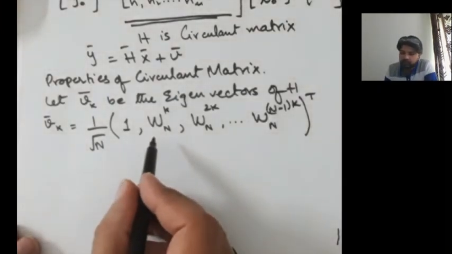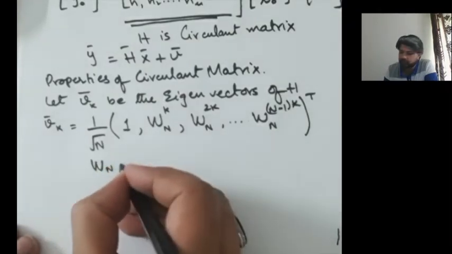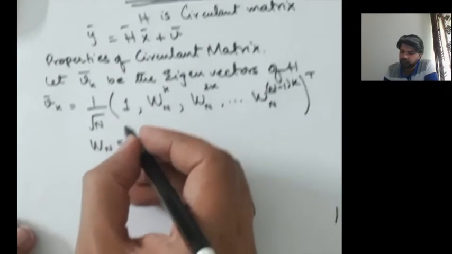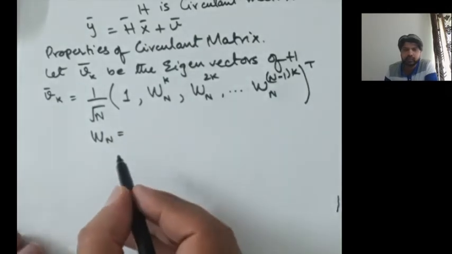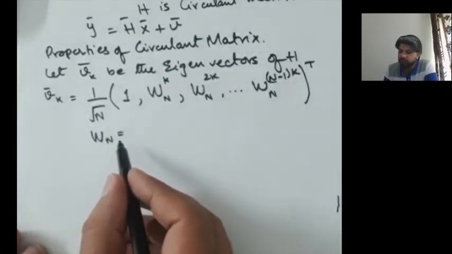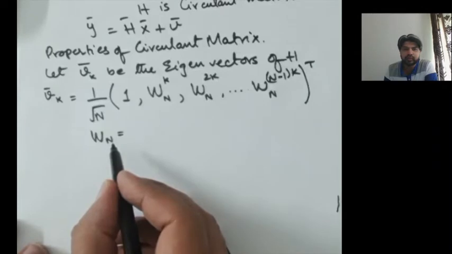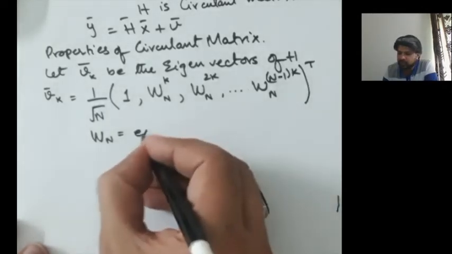Now, what is this Wn? This Wn is nothing but the nth root of unity. If you know this from your DSP course or signals and systems course, we talk about the nth root of unity. That means Wn would be something such that if you take the nth power of that you would get unity. It is nothing but e to the power j 2 pi by n.